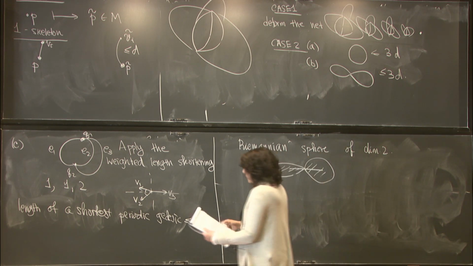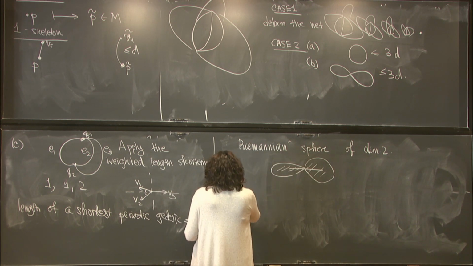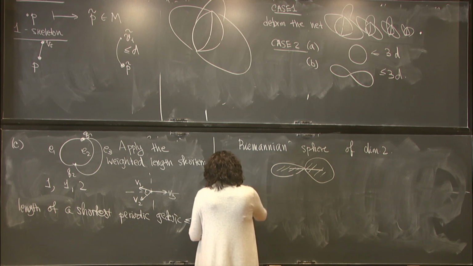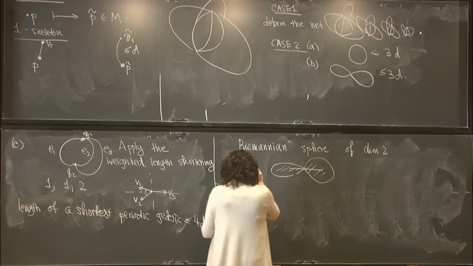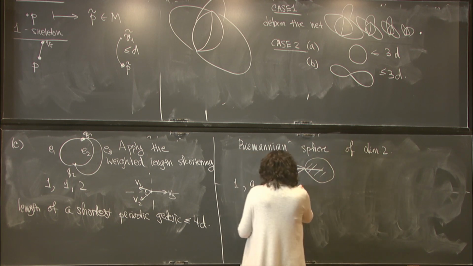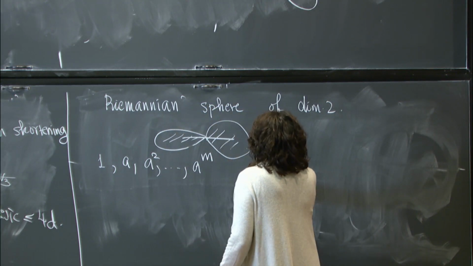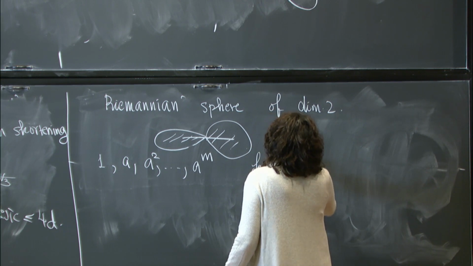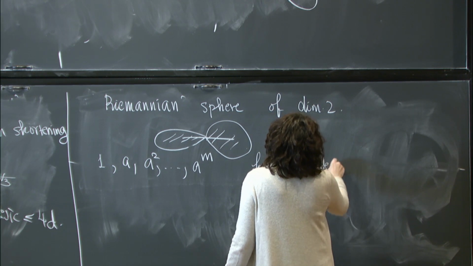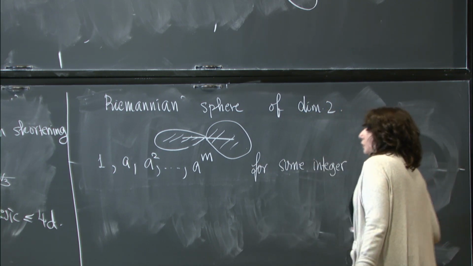So what will happen if you apply the length shortening with the following weights: 1, a, a squared, up to a to the power m for some integer m that's greater than or equal to 3.